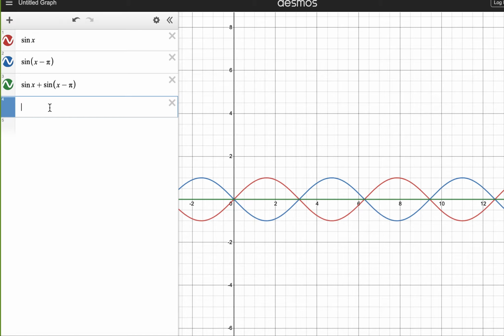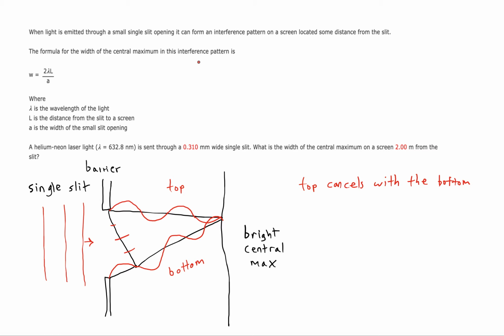What if we include, for example, sine of x plus pi over 8? Because if you look back at the picture, the wave that would occur here, they would all start at 0.